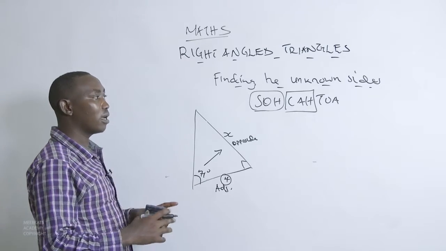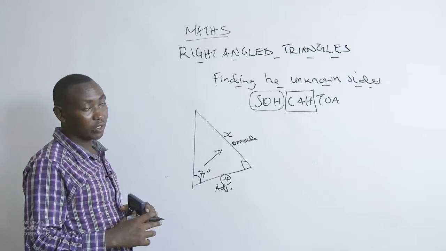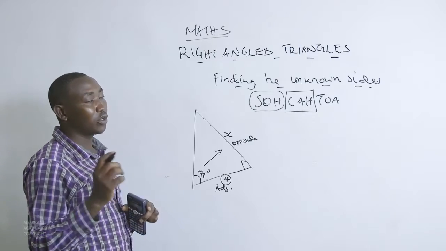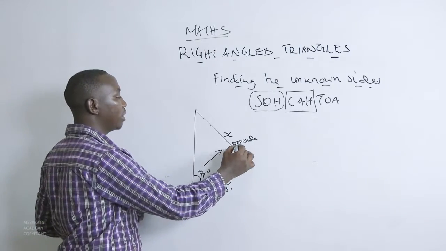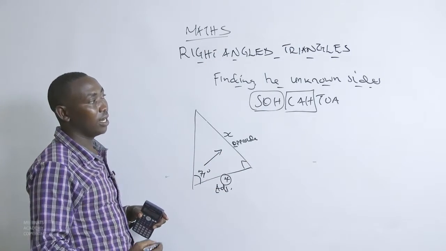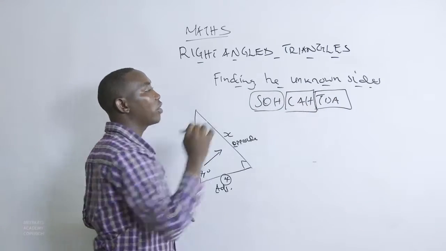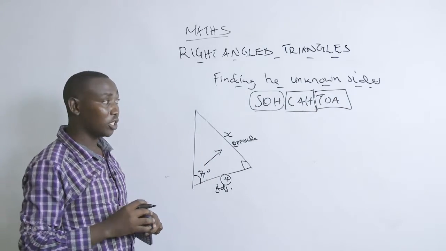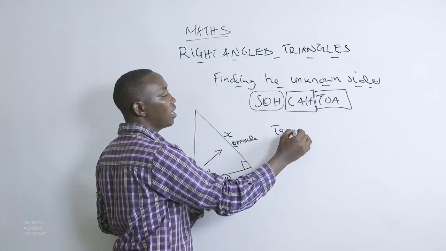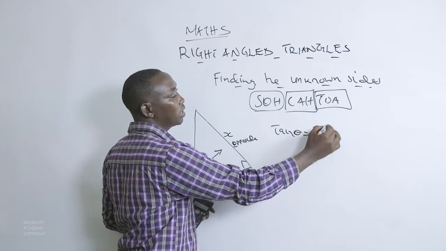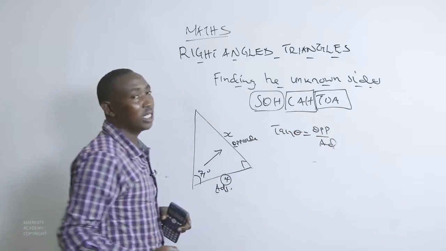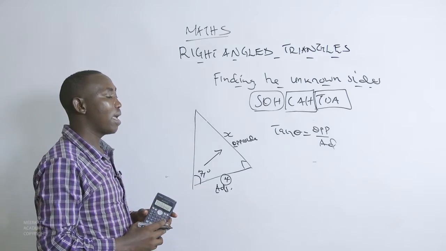Now we want to obtain the value of x. Therefore we choose a trigonometric ratio that has an opposite and adjacent in its ratio, and that means we are going to make use of tangent, because tan of theta is given by the opposite divided by the adjacent of that particular angle.